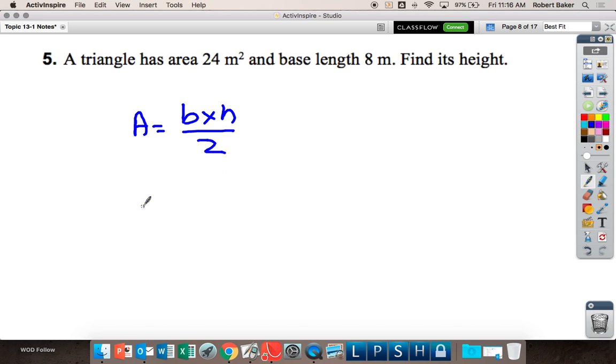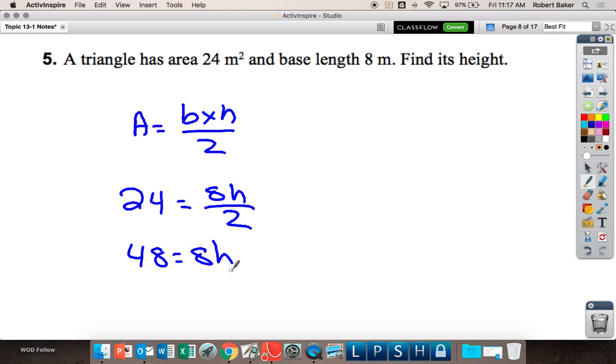So just to see what happens, the area is 24. The base is 8. So to get rid of that 2 on the denominator, you multiply both sides by 2, and then divide both sides by 8.